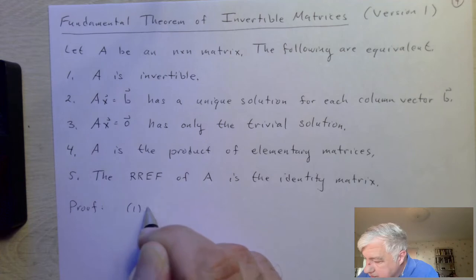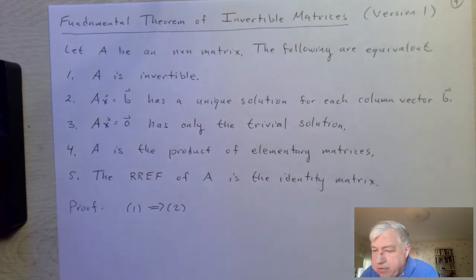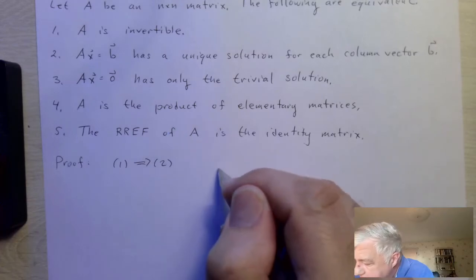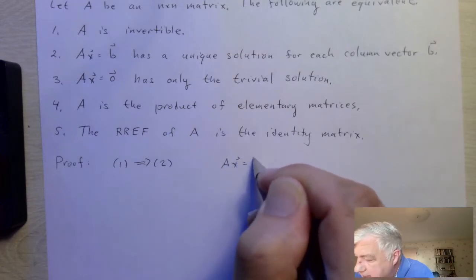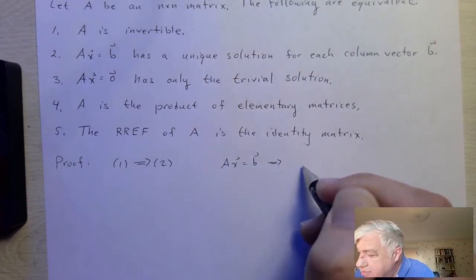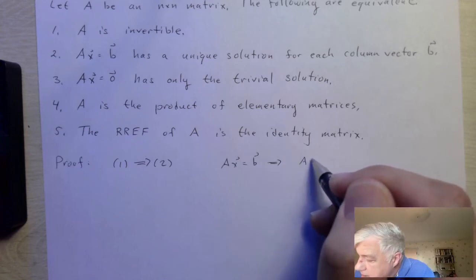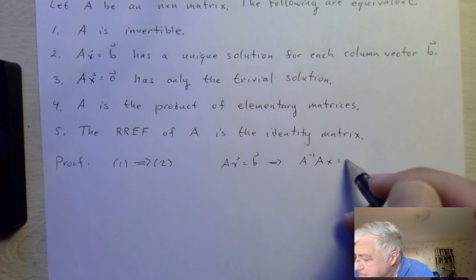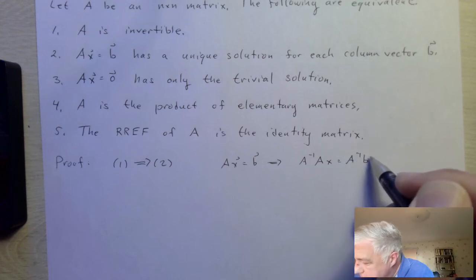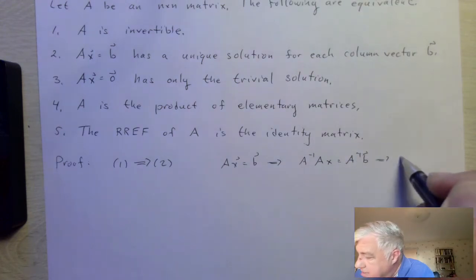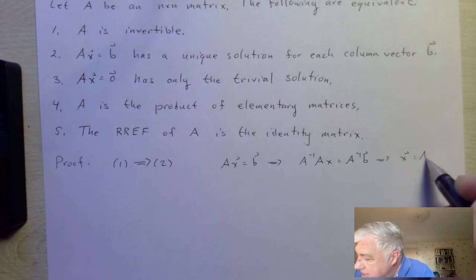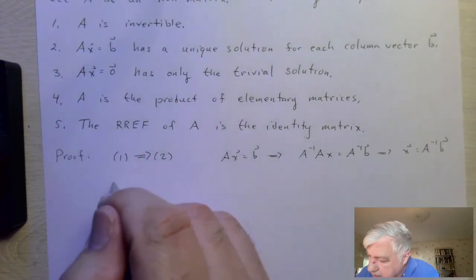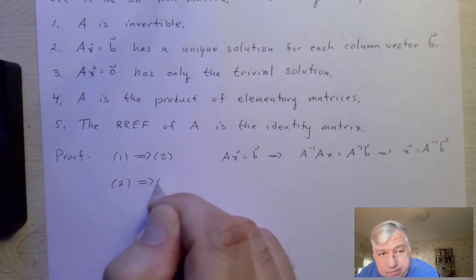Okay, so here's the sketch of the proof. For 1 implies 2, we covered that at the beginning of the lecture. If A inverse exists, and we're given AX equals B, then we can multiply on the left by A inverse, and that gives us that X is A inverse B. Okay, so that's the only solution. 2 implies 3.